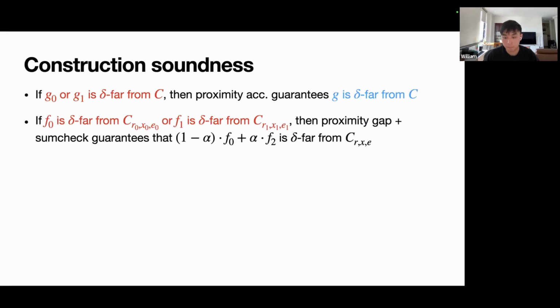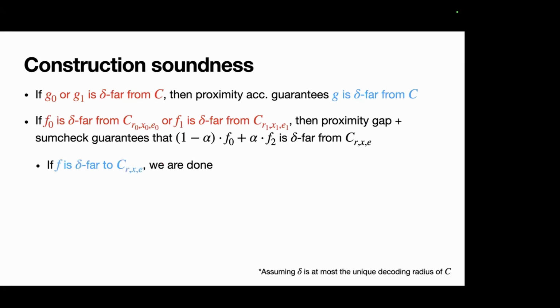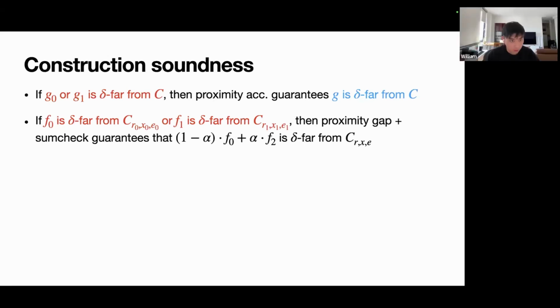Sorry, for the second bullet point, do you need to use a proximity gap result for general codes, not the Reed-Solomon one? No, we rely on just the proximity gap for Reed-Solomon codes. I guess the proximity gap for these subcodes would naturally follow from that.